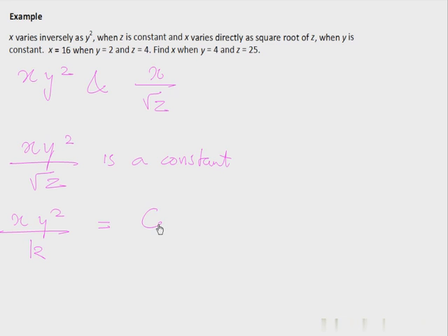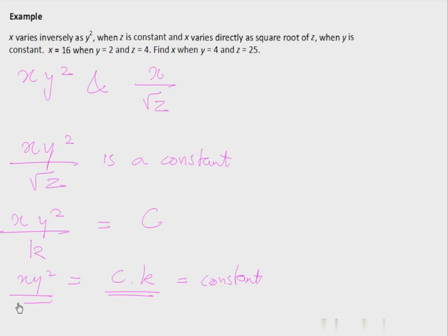Let's call it c. So of course xy square becomes c into k, and both are constant, so this stays a constant. This will not vary as x and y will vary. So I have it. X into y square is a constant, so x and y square are inversely related. So it satisfies the first statement.